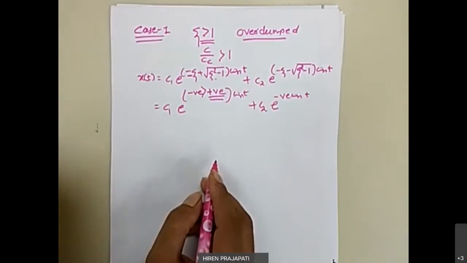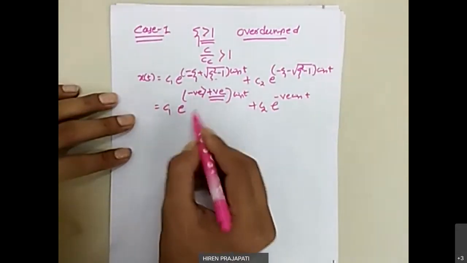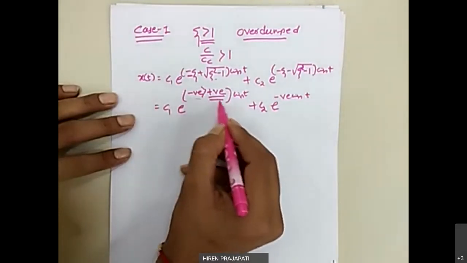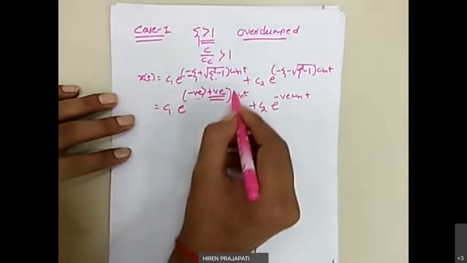This indicates that e to the power means an exponential reduction in the amplitude of vibration. That is what is represented by this term.